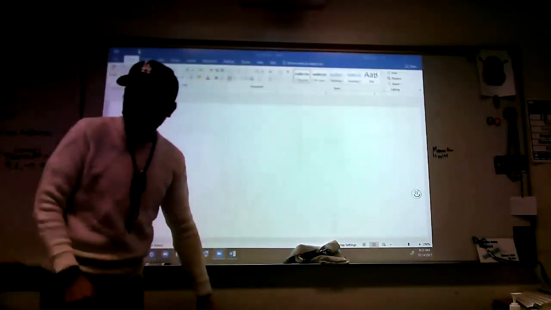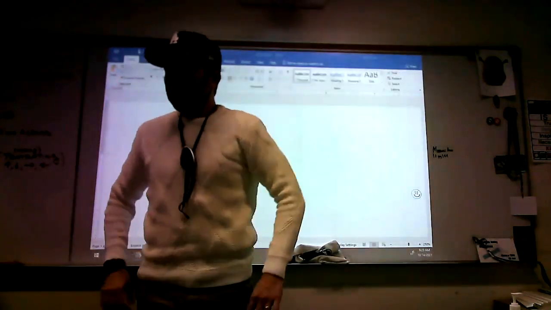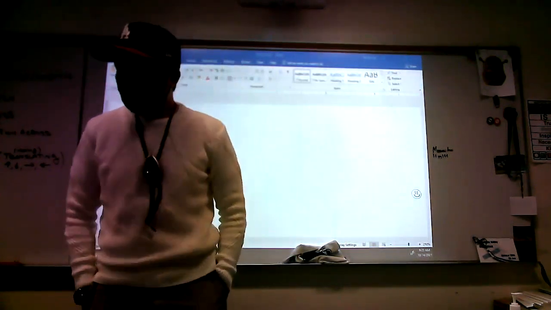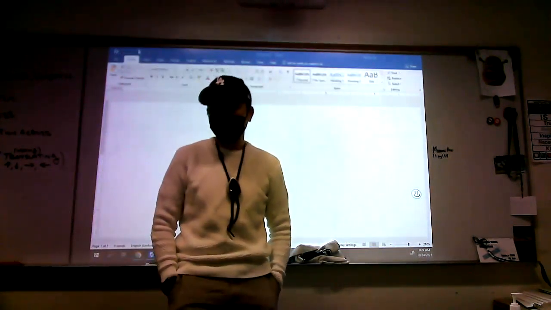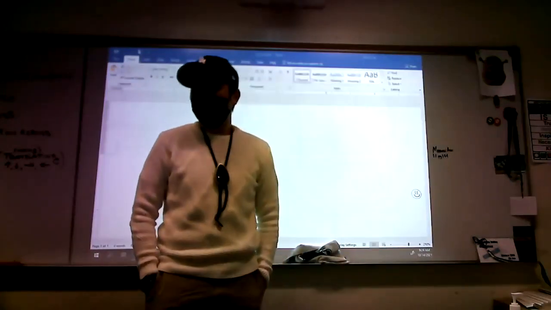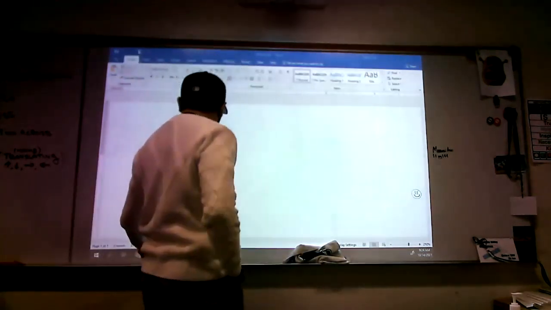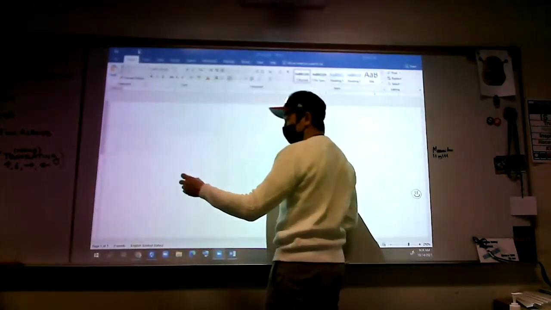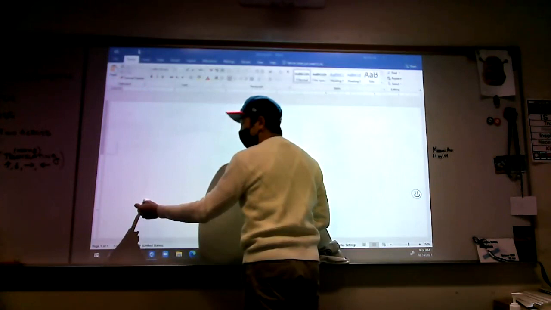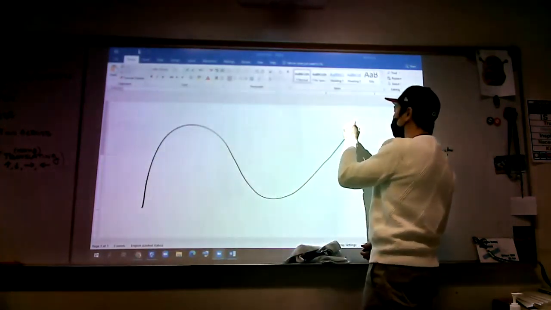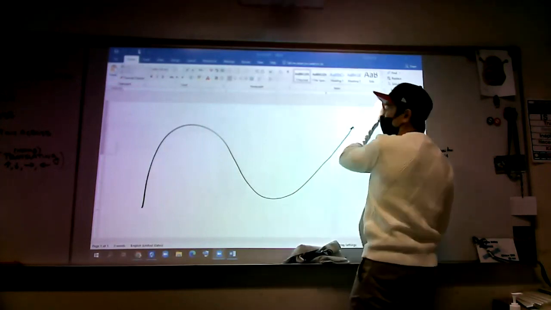So we're talking about increasing and decreasing. And if you look at your notes, it says intervals of x values. So your answers are going to be x values, okay? Where the graph is going up. So if you think of a graph, and you think of a roller coaster, let me just draw a roller coaster for you.